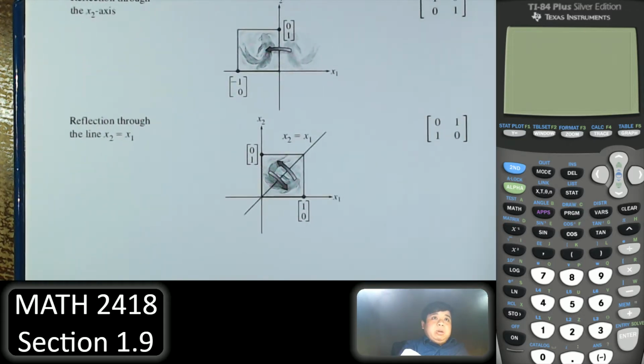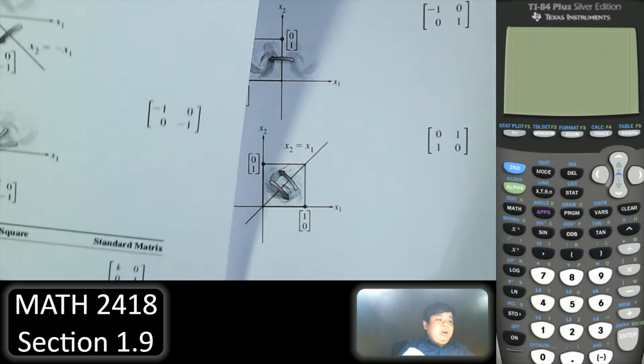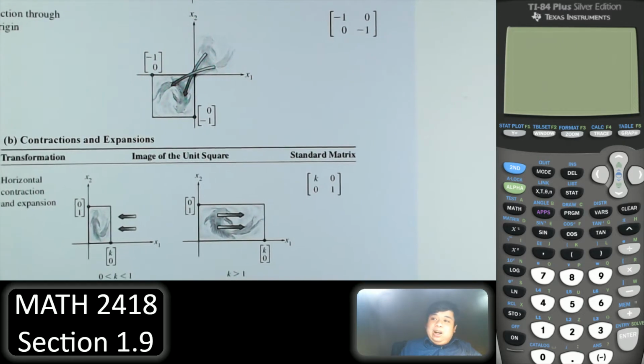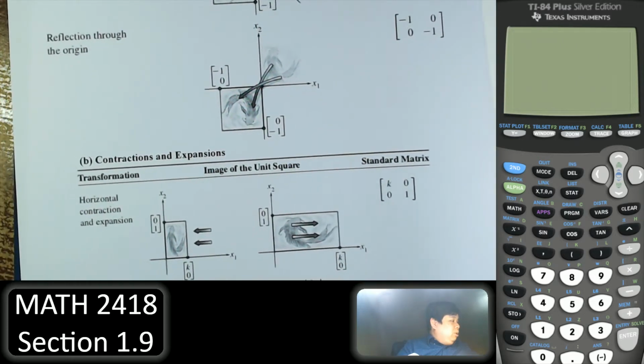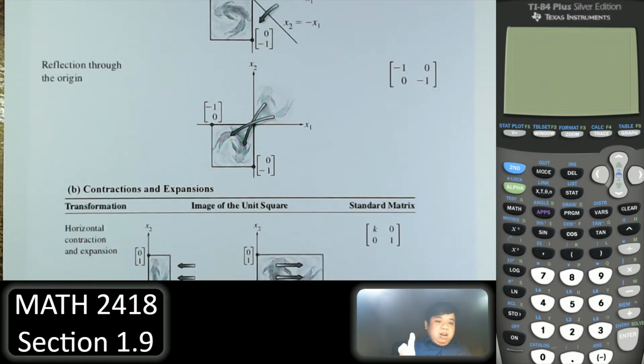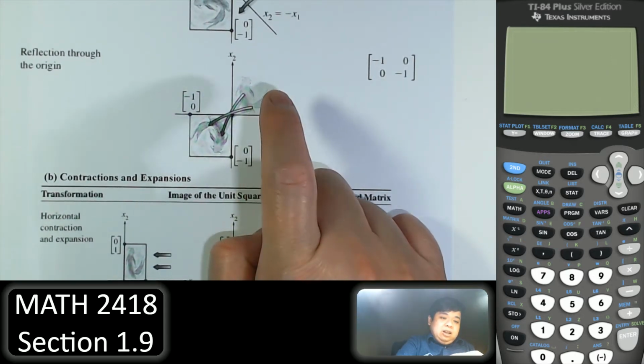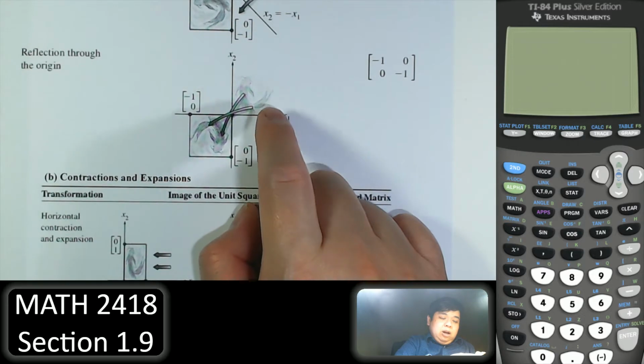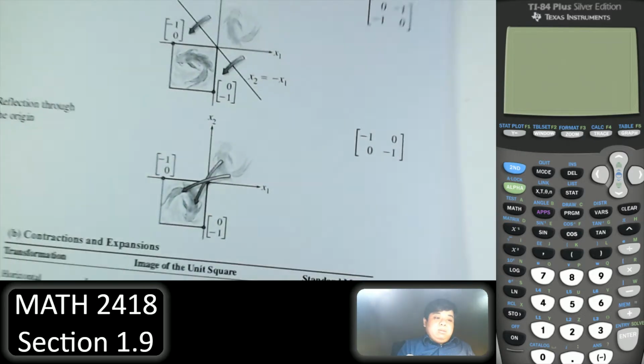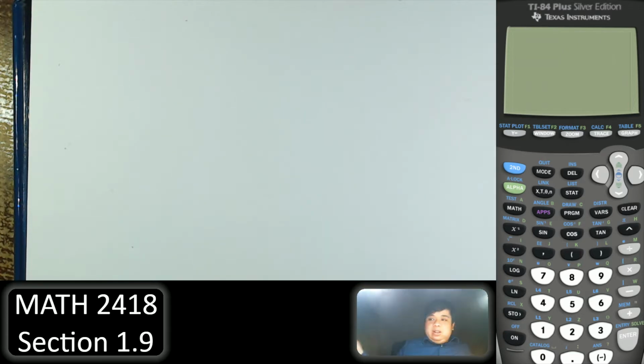Here we have a bunch of examples. I said we don't need to memorize any of this. Whenever we need to, just find the transformation of the columns of the identity matrix. What happened to 1, 0 and 0, 1, and then put in the matrix, and that's it.